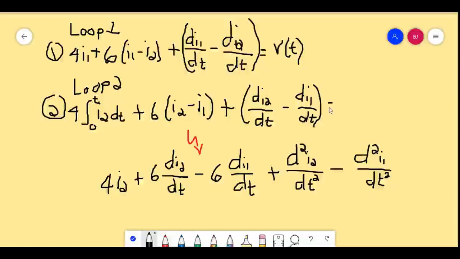Okay. I forgot to put the equal 0 here, which we also need to put here. So this should not be a problem anymore. And hopefully you were able to get the correct answer for that second step. Again, we won't be needing to differentiate this as there's no integral here, but we have to do it at the second loop.